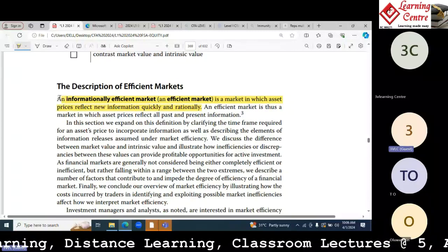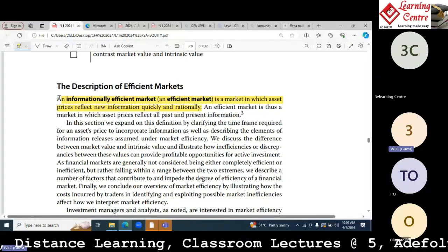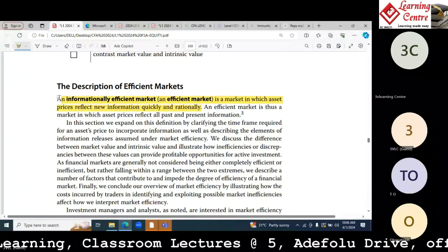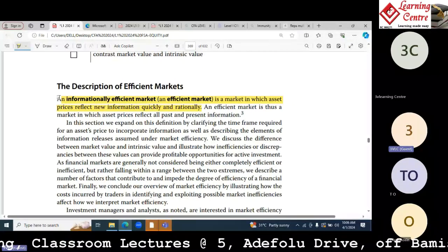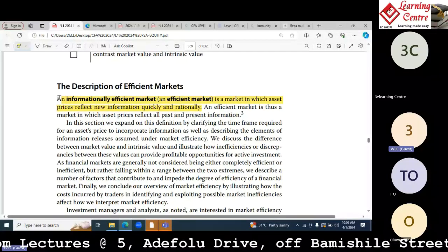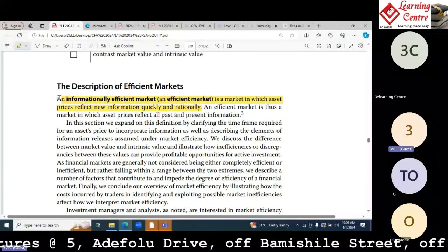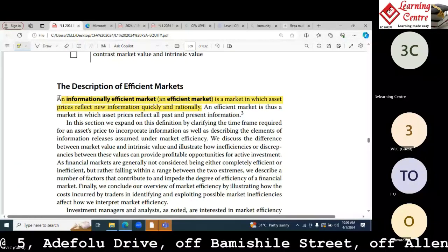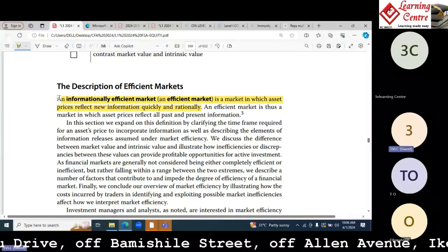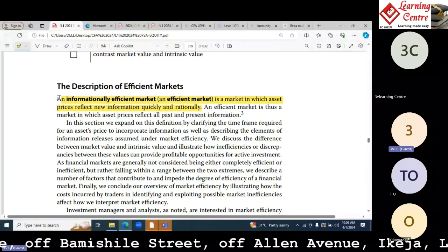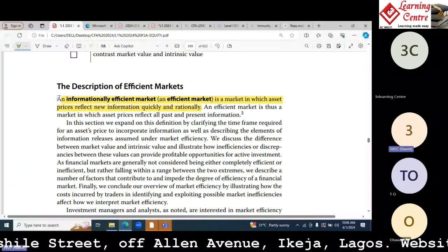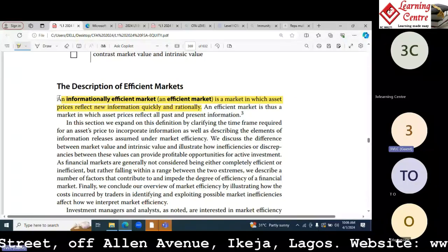An informationally efficient market talks about two things. One, how quickly information reflects in prices, and two, is the information rational? An efficient market reflects past information and present information, and your present information is based on what?